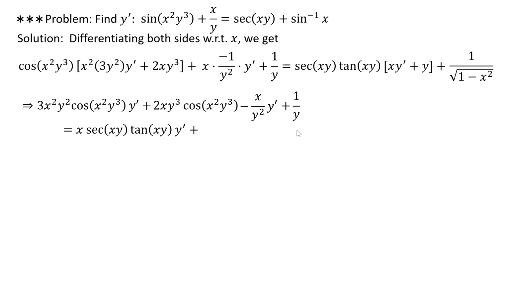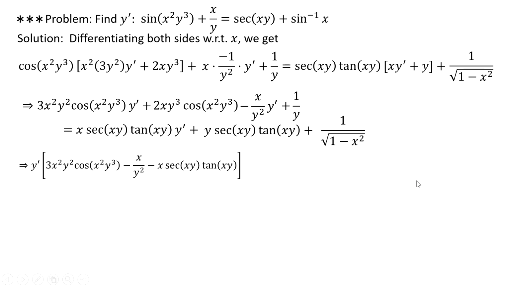multiply all of this. Yup, and the next step looks like I got all the y prime terms on one side, right? And I factored out a y prime. And all the terms that do not have a y prime, I have them on the right hand side, and this is what I have.